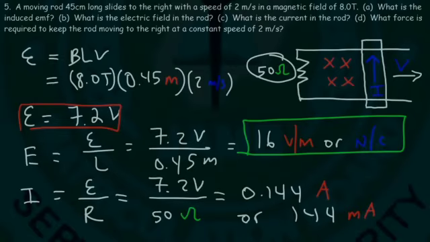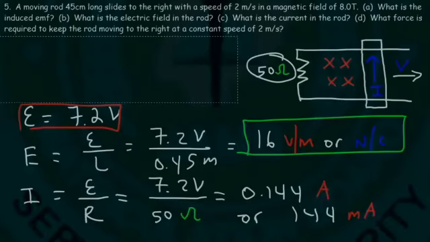Now, part D. What force is required to keep the rod moving to the right at a constant speed of 2 meters per second? What equation can we use to figure this out? Well, since we know the current, we could find the force in the rod.